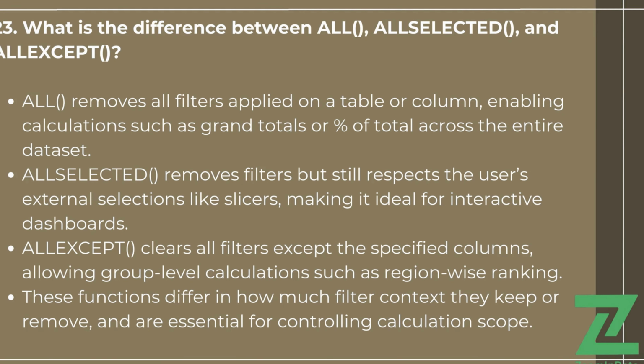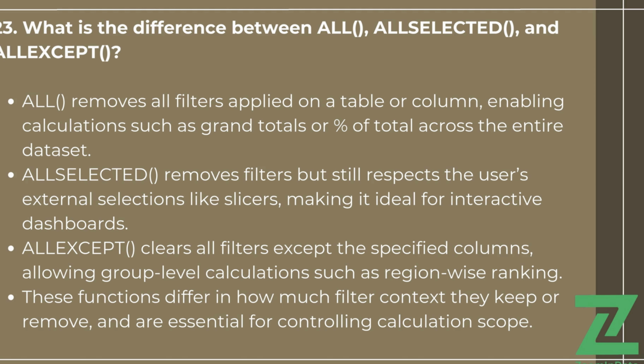23rd question. What is the difference between ALL, ALLSELECTED, and ALLEXCEPT? ALL removes all filters applied on a table or column, enabling calculations such as grand totals or percent of total across the entire dataset.